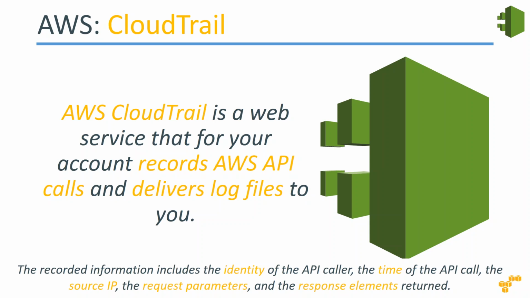And as of now, Amazon has made it free for the first 7 days of rolling logs. So today, if I go to my CloudTrail and I have configured a default log group, or in other words, an S3 location, what has happened in the last 7 days, I should be able to see it from the logs, whether I created an S3 bucket or ELB or Route 53, everything will be in the log.